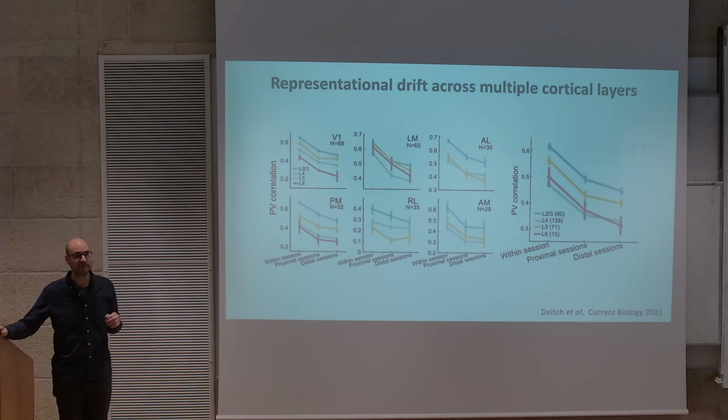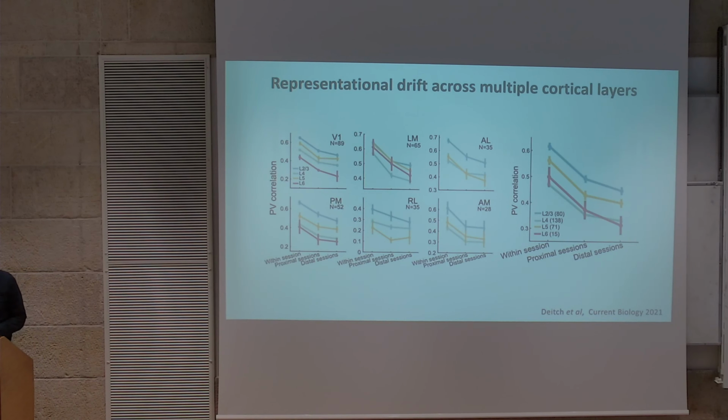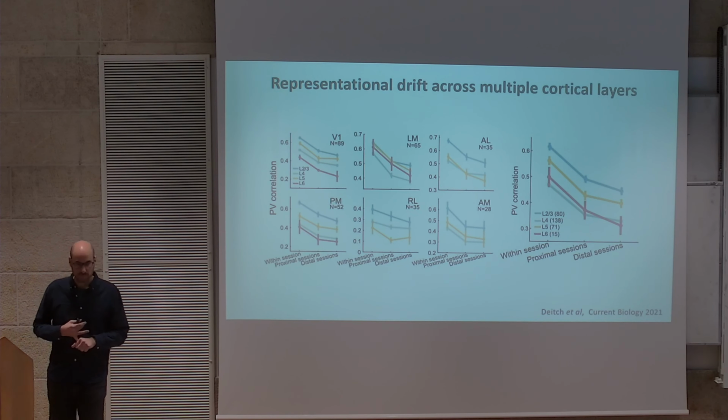So what you show here, the fact that it's so similar across layers, doesn't have a lot to do with the behavior. That suggests to me that this is a type of problem in the recording. How do you differentiate that from technical problems in recording? There is a slow change in the volume of the tissue or whatever.